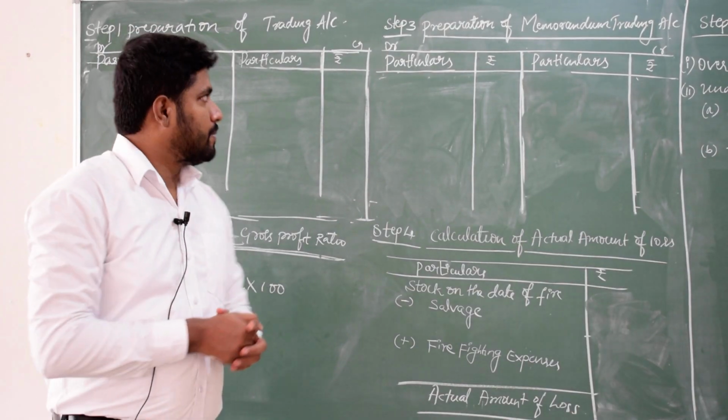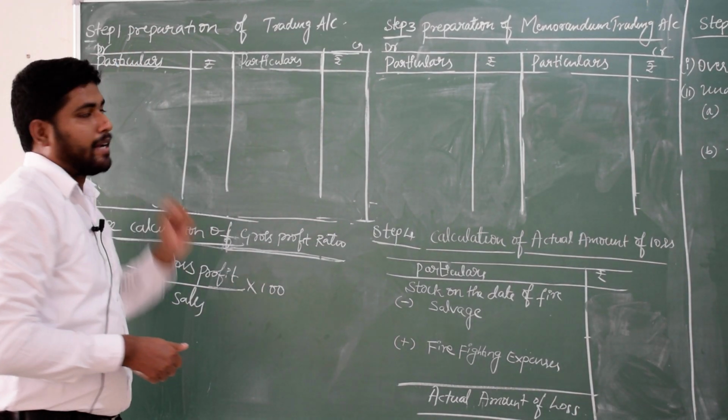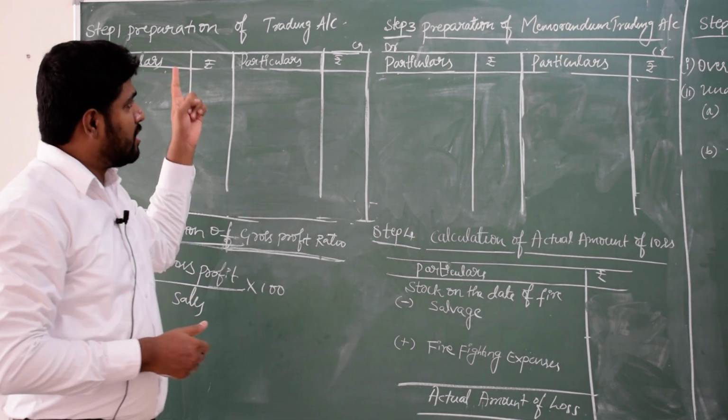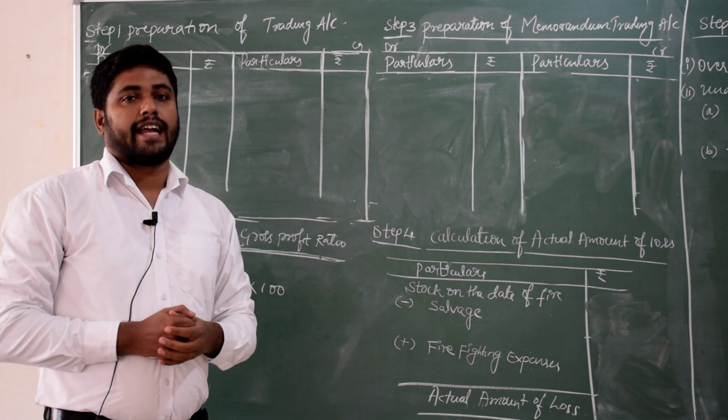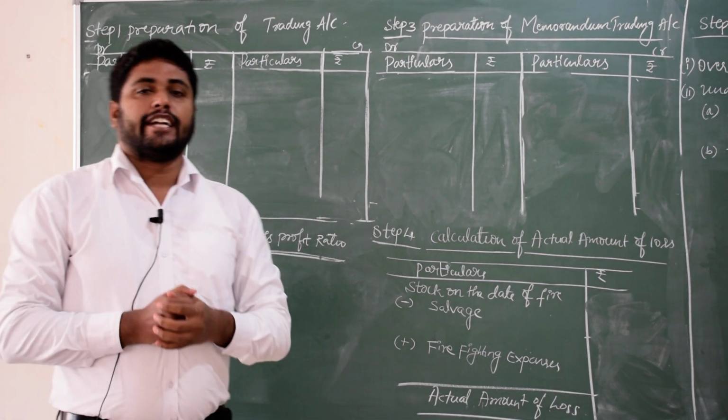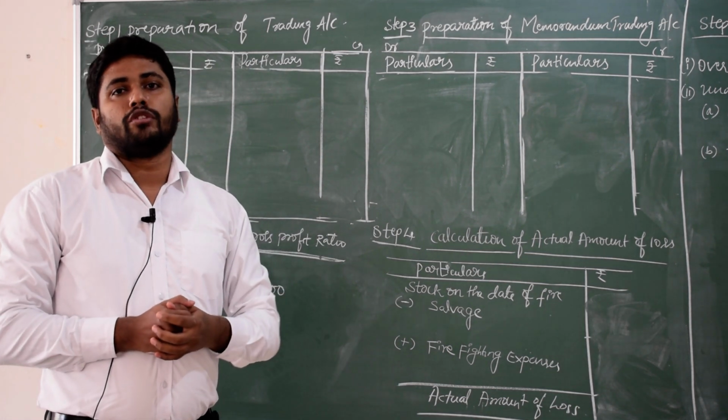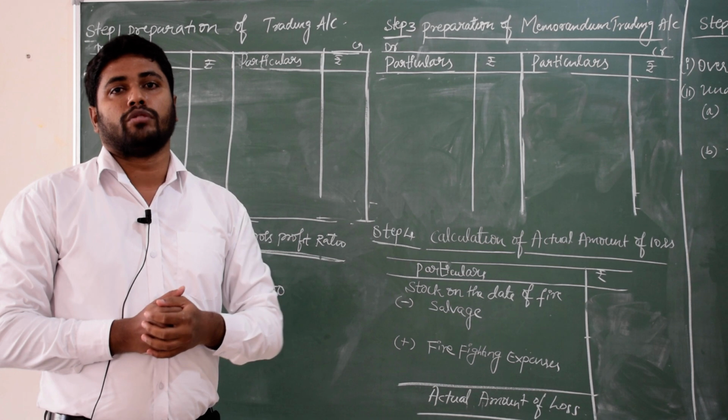Go through the solution. The first step is preparation of the trading account, and the trading account is prepared for the previous year of the fire accident. In this problem, the date of the fire accident is 15th June 2014, so the previous year will be 2013.